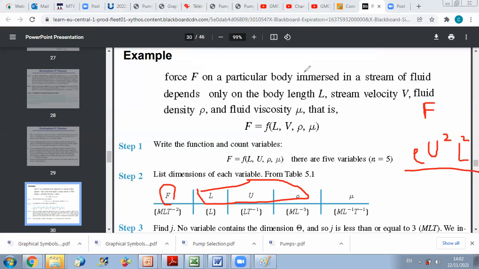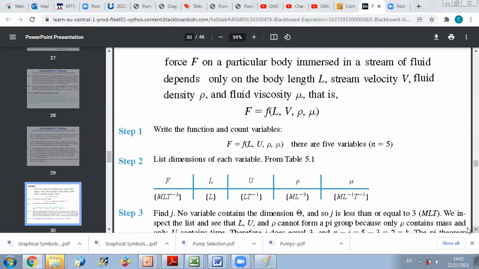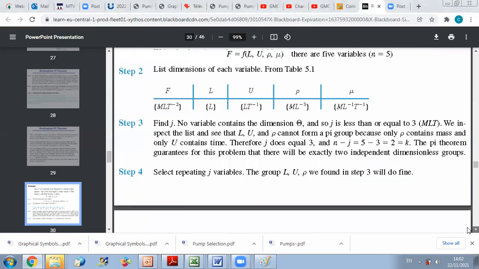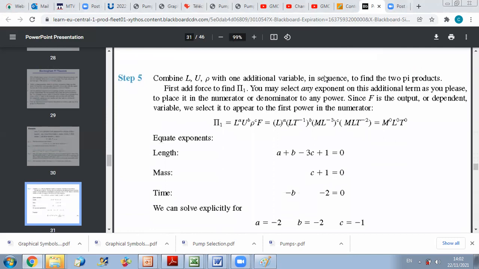Okay, so the Buckingham theorem method consists of the following procedure to know what the groups of interest are. Once we determine our variables, the independent variables L, u, rho, we say we want to bring F in with them in such a way that when we combine F with L, u, rho, we get a group. Okay, we will combine them, but we don't know the coefficient of L, u, rho; we set them as unknown.